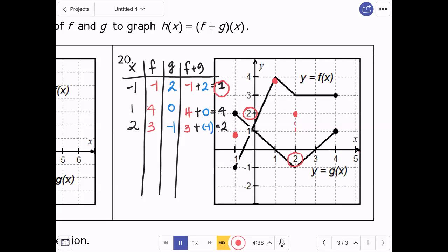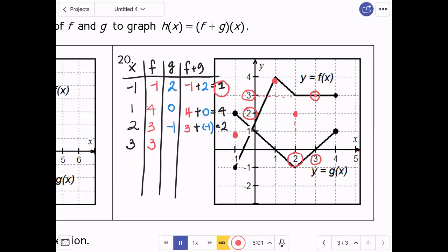Let's pick a couple more points. Now let's look at 3. At 3, your f function is here, and at that point your y value is 3.